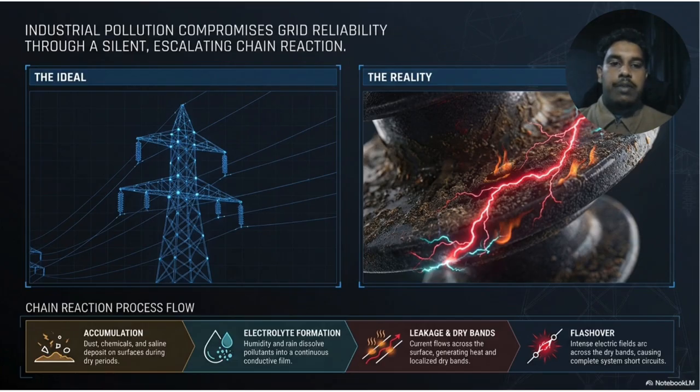When the surface becomes wet due to rain or humidity, these contaminants create leakage current. If the leakage current becomes too high, it may cause flashover, which can lead to power outage and damage to the transmission system. Therefore, a more reliable insulator design is needed to reduce this risk.